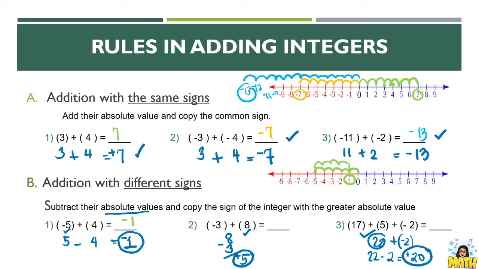So negative 3, 1, 2, 3 to the left, and then positive 8 to the right. 1, 2, 3, 4, 5, 6, 7, 8. So we'll have positive 5. And then here, masyado ng malaki, but still, it will be positive 20. Again, the rule depends on the sign of the given.